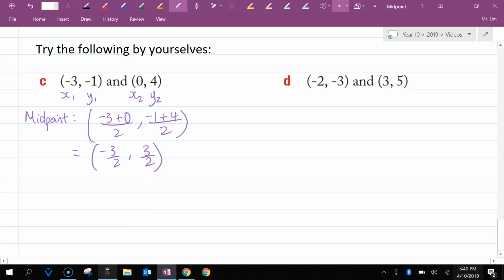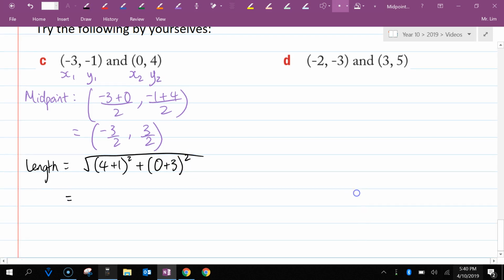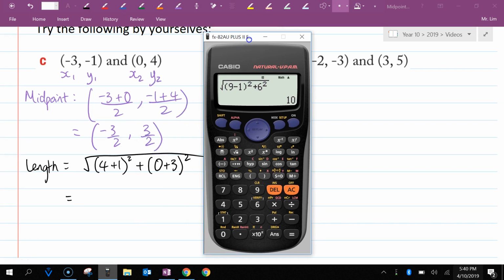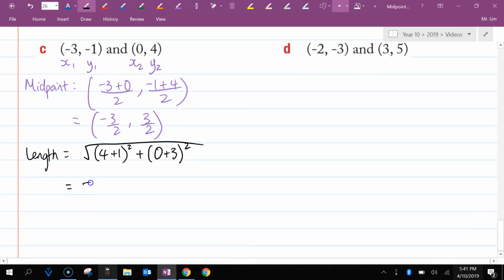The length is equal to the square root of y2 minus y1, minus 1 is plus 1, plus x2 minus x1. So minus 3 becomes plus 3. When we put that in our calculator, what do we get? So we've got the square root of 5 squared plus 3 squared, 5.83. And that's to 2 decimal places.